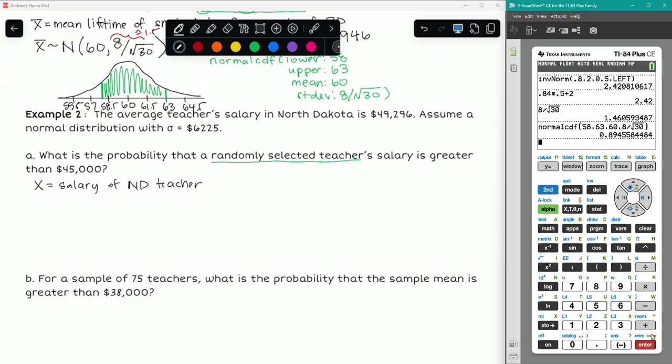We're told to assume that that's normal, and they give us a mean of 49,296 and a standard deviation of 6,225. And we're asked the probability that X is greater than 45,000.